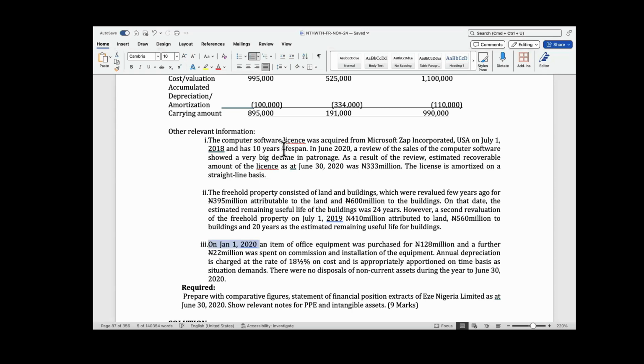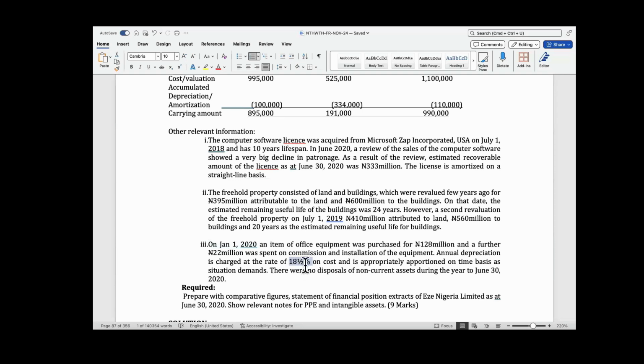But let's read further. They said a further 22 million was spent on commission and installation of the equipment. Annual depreciation is charged at the rate of 18.5% on costs and is appropriately apportioned on a time basis as situations demand.